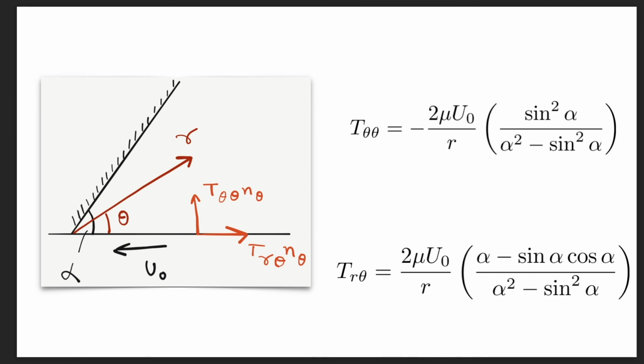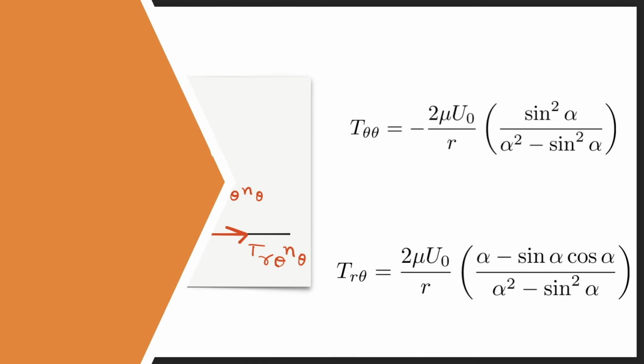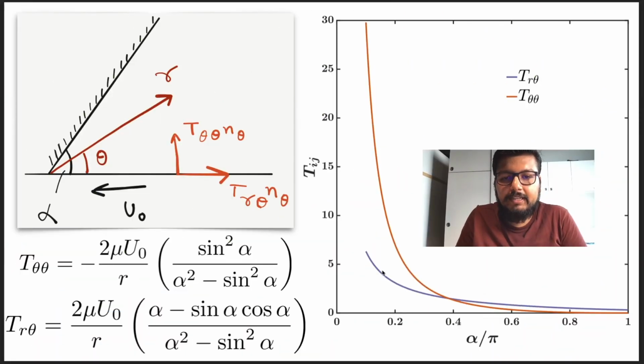So this was one of the questions that you had in your working class. So now is the time when I urge you to go back to the working class and try to solve that problem. So here I'm going to visualize the magnitude of the stress as a function of the angle alpha between the plates. And as you can see, as alpha goes to 0, this stress diverges, it goes to an infinite value. Whereas when alpha goes to pi, this stress vanishes.